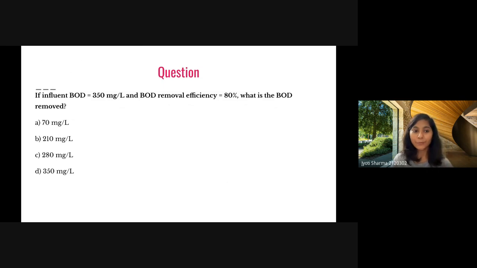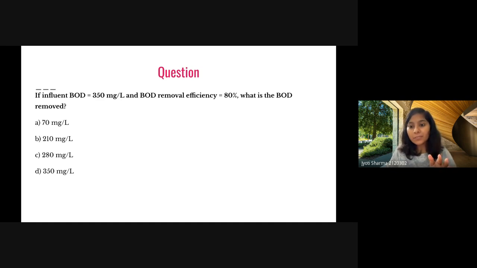Very simple numerical. If influent BOD is equal to 350 mg per liter and BOD removal efficiency is 80%, what is the BOD removed? It will be 80% of 350 mg per liter because the removal efficiency is 80%, right?